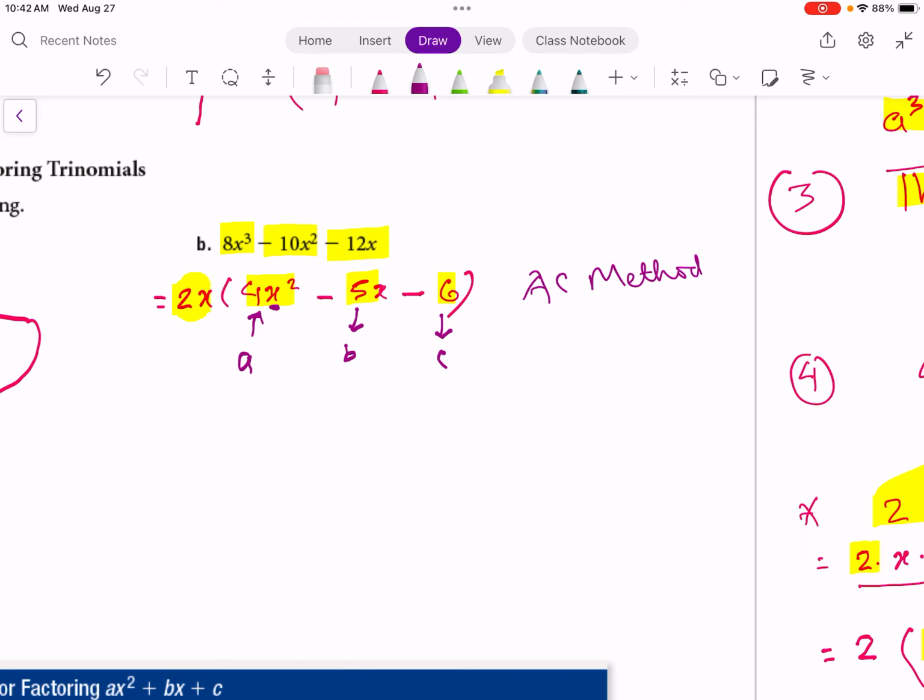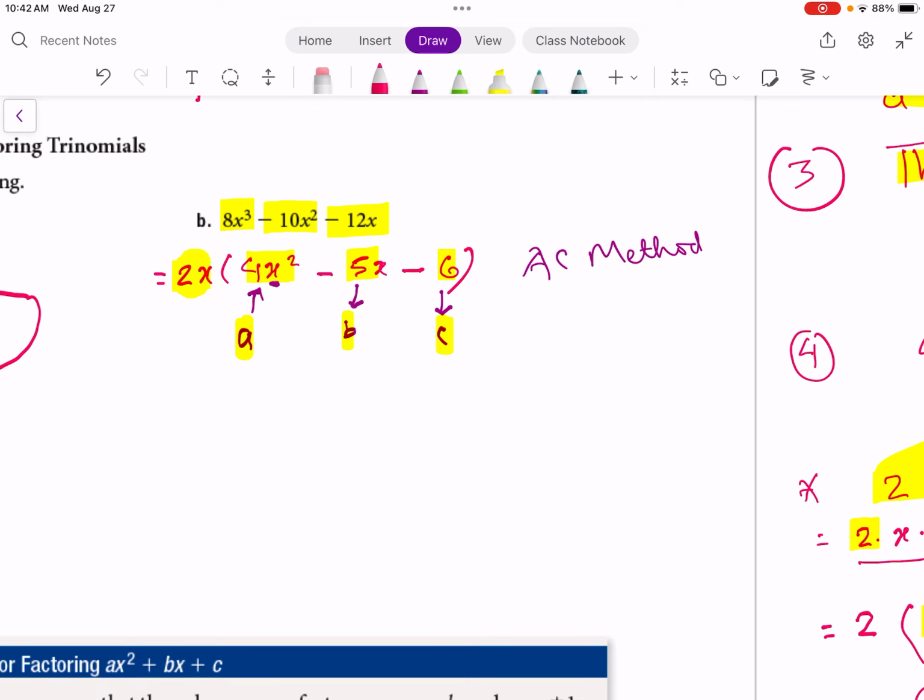So the coefficient of x squared is always A, the constant is always C, and the coefficient of x is always B. Now in the AC method, we multiply A and C. Our A is 4, C is 6. You can ignore the sign. 4 times 6 is 24.